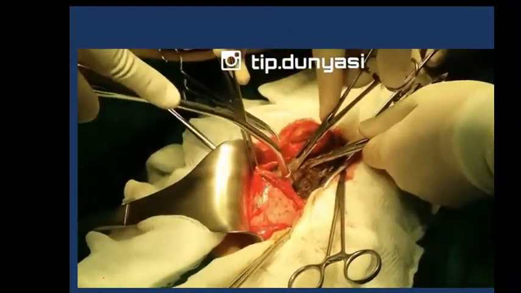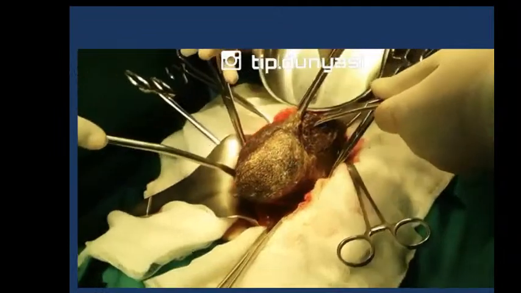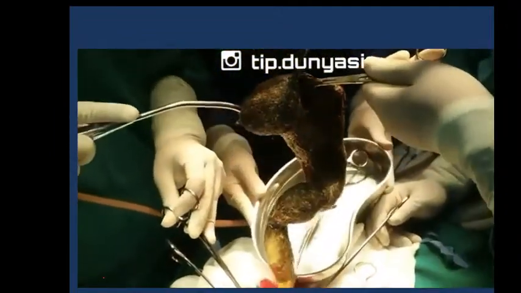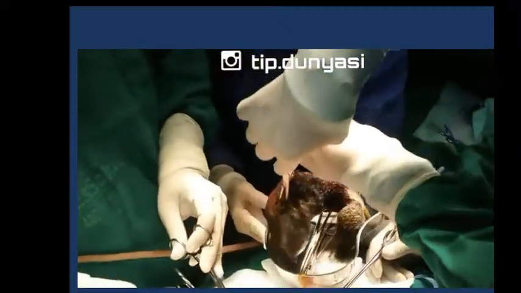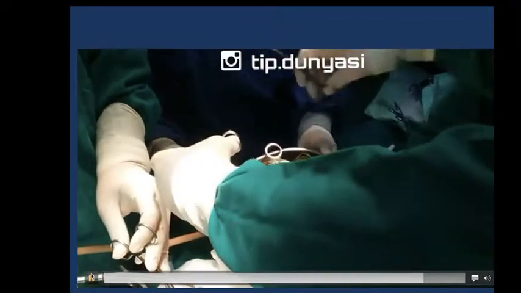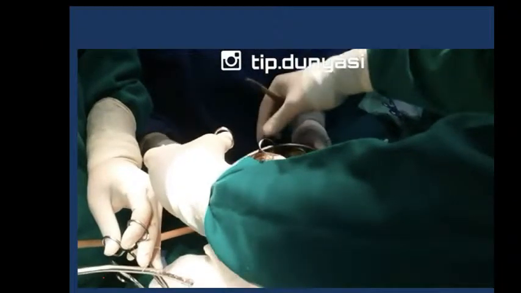All of this is hair. It looks awful, right? And I don't recommend eating hair, only good food.